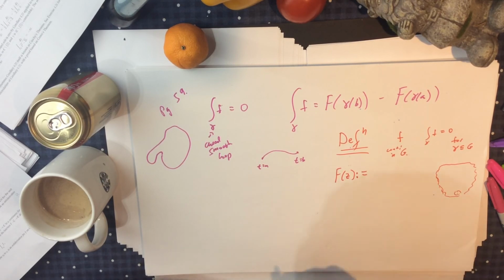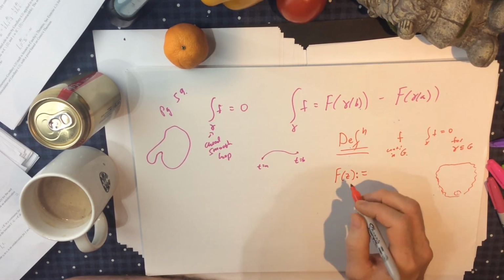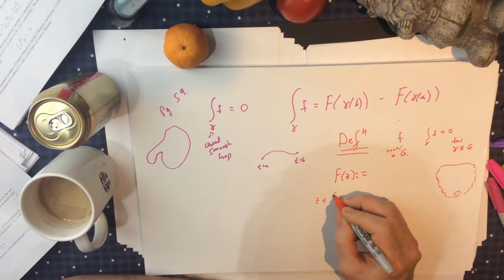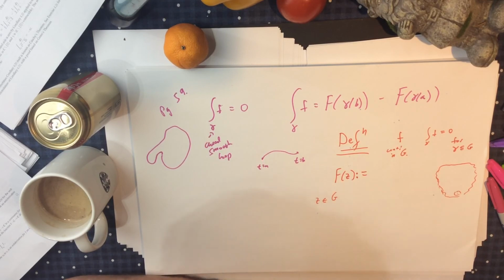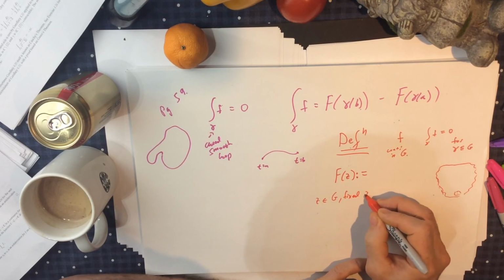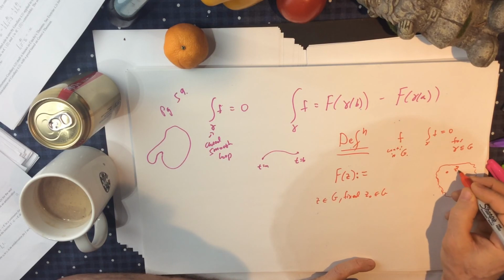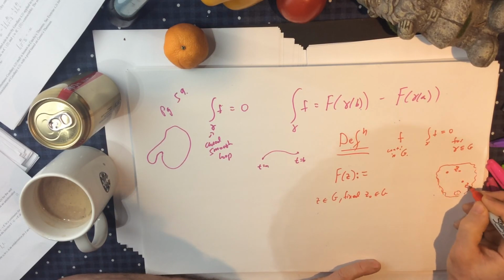All right, so we're going to define this F of z in the following way. First, z is an element inside of G, so it's a chosen element. And we're going to have a fixed z naught in G as well. So here is z naught, and here is a point z.